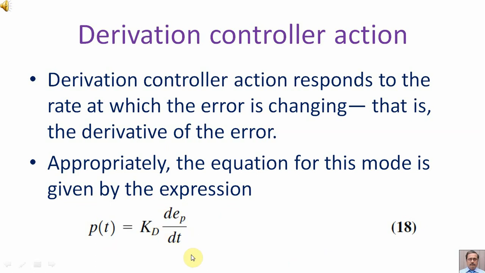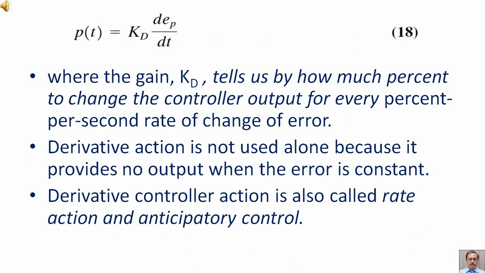This is the expression, where the gain k_d tells us by how much percent to change the controller output for every percent per second rate of change of error.